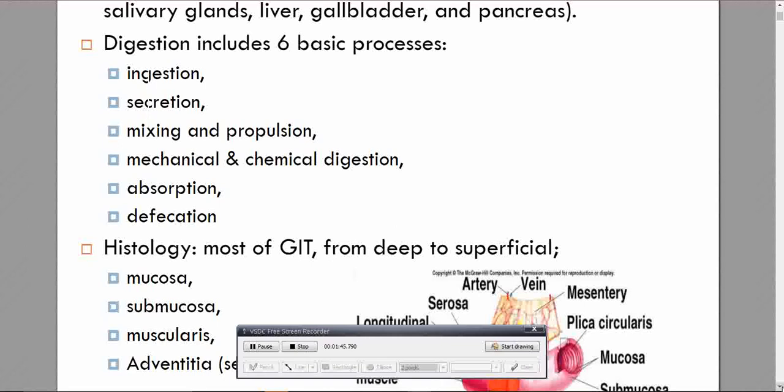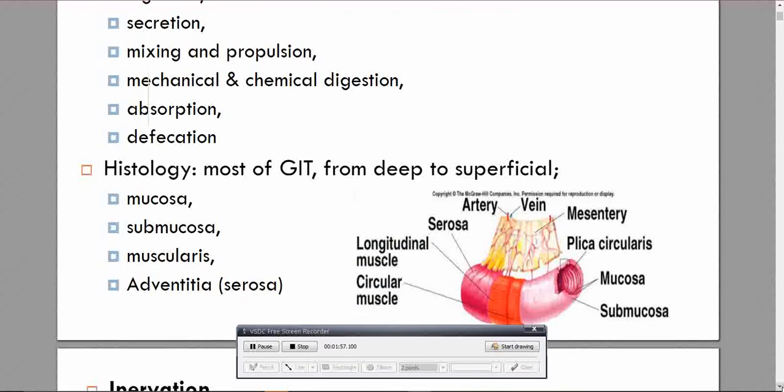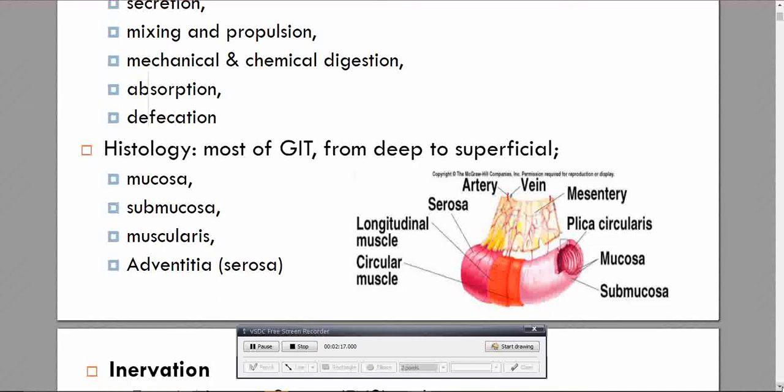Okay, so then we shall also check on mechanical and chemical digestion, absorption and defecation as well. Then histology: we shall check the study of tissues of the stomach and tissues of the alimentary canal, from the deep end of each structure to the most outside.